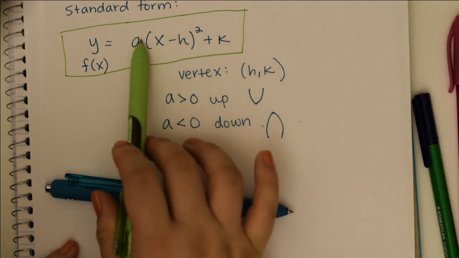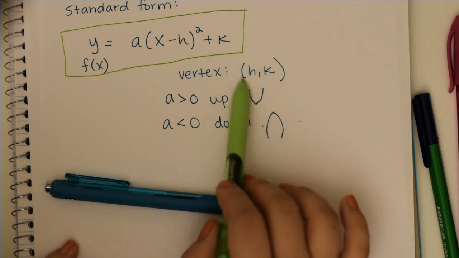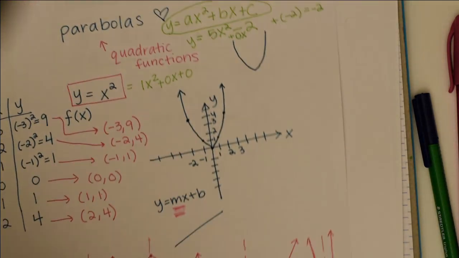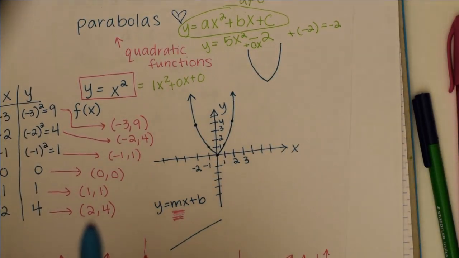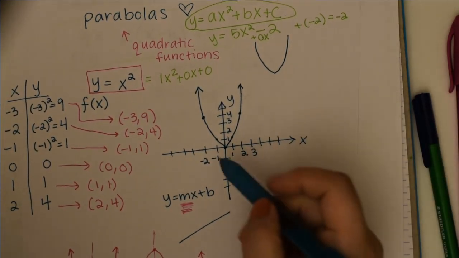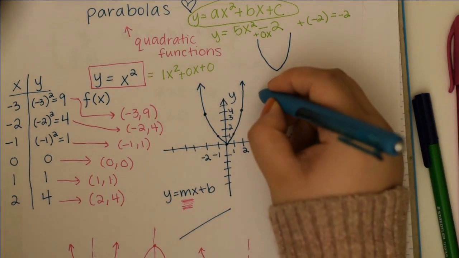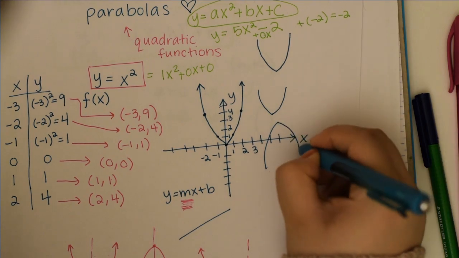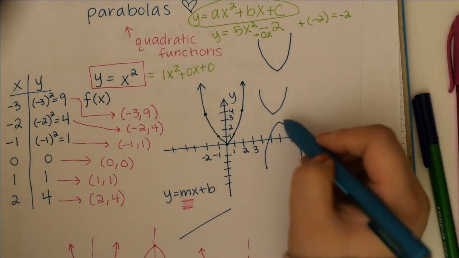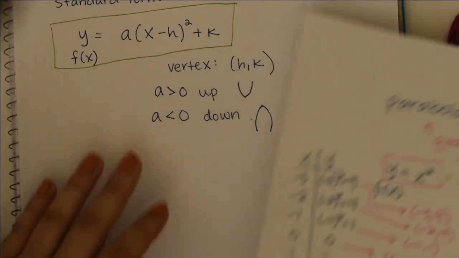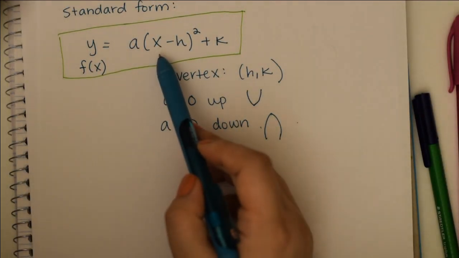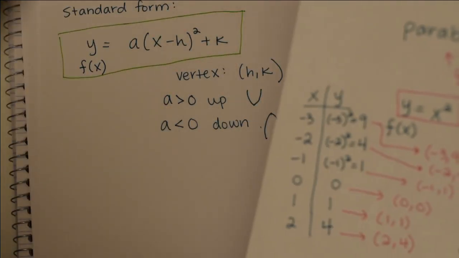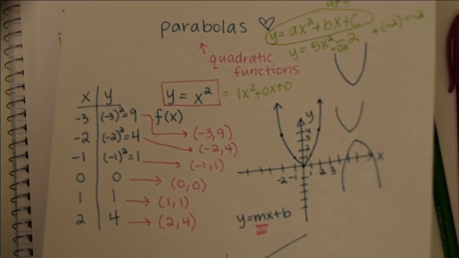Just reading off of this form, we can get the vertex, meaning when we graphed our original, most basic parabola, we have it centered at 0, 0, but we might have parabolas like out here, or upside down like this, right? So to be able to get these properties, we have to write it in this standard form. Okay, so I hope that kind of helps.